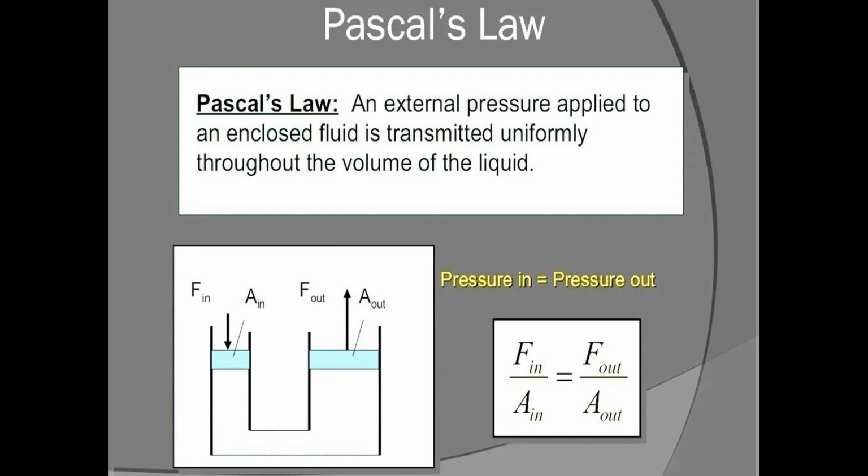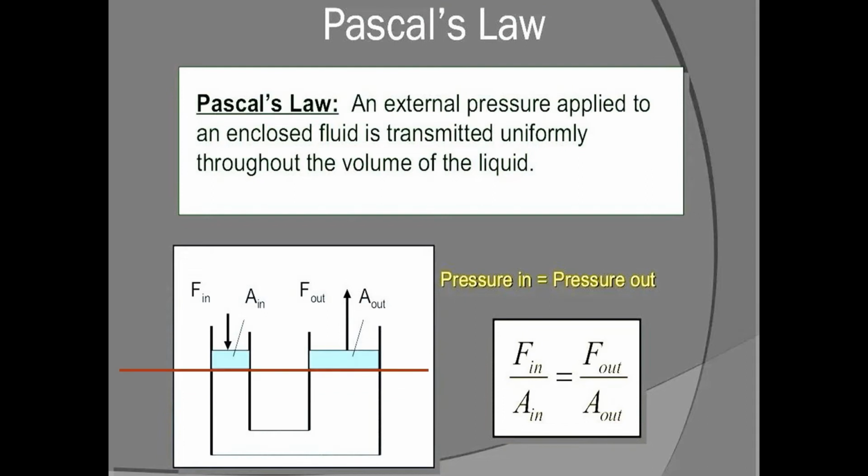Applying the formula of pressure, force over area, on both sides of the equation, we can come up with the equation: force input over area of the input will be equal to force output over area of the output.